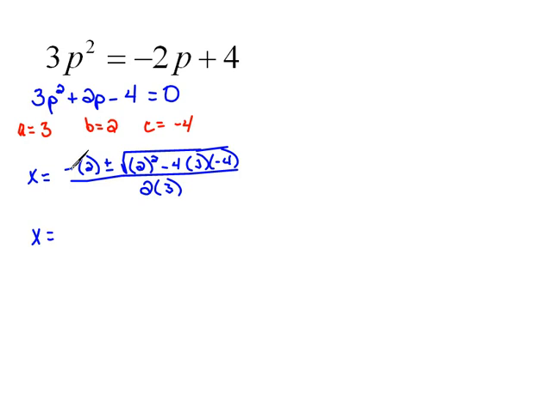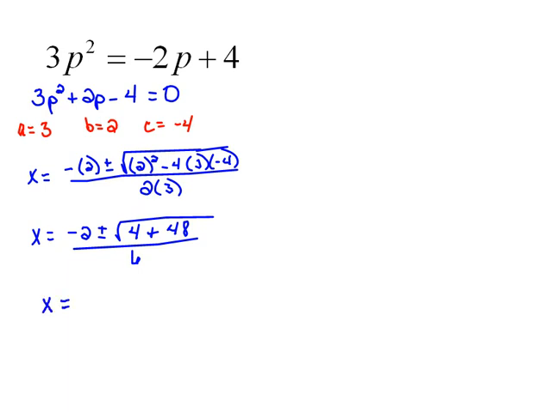So x will equal the opposite of 2 is negative 2 plus or minus the square root of 2 squared would be 4, and then we have minus 4 times 3 times negative 4, which will be a positive 48. 16 times 3 is 48. All over 2 times 3 would be 6.